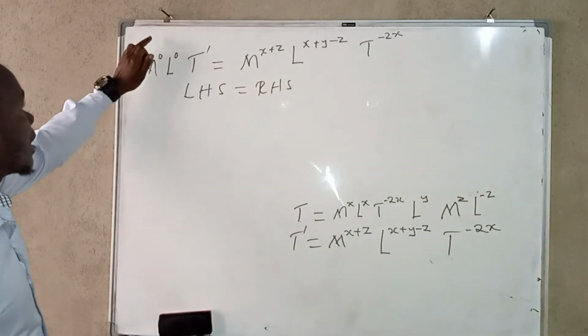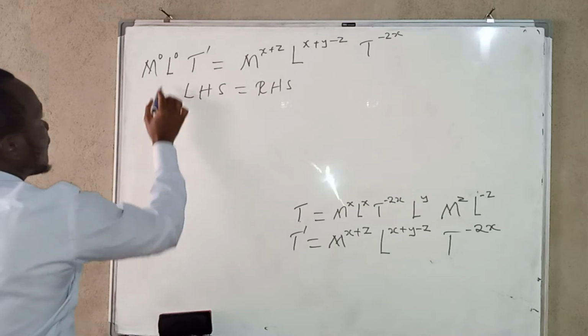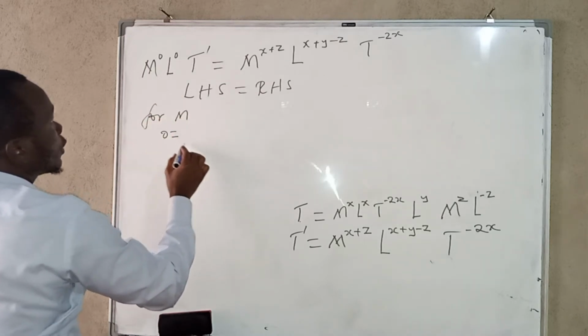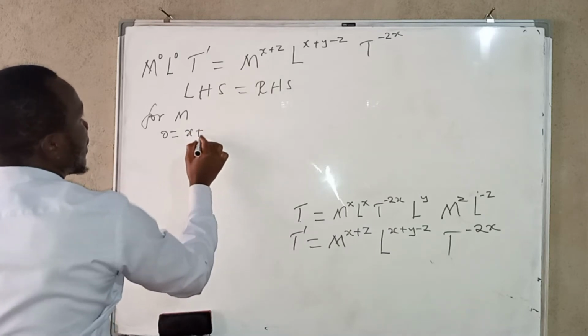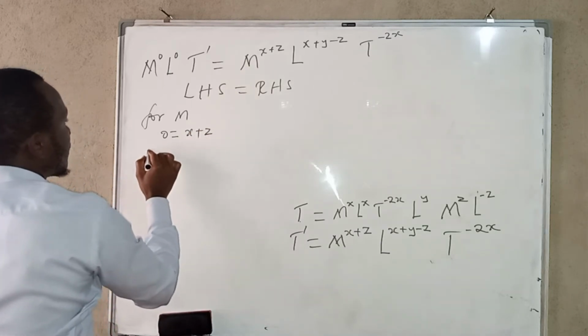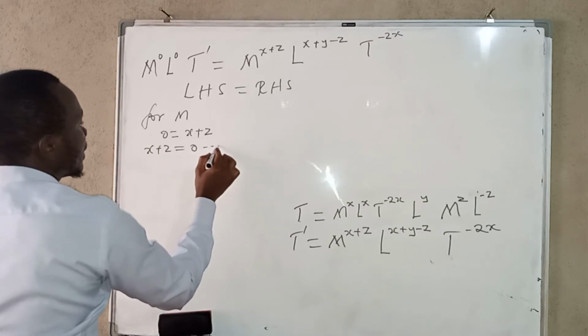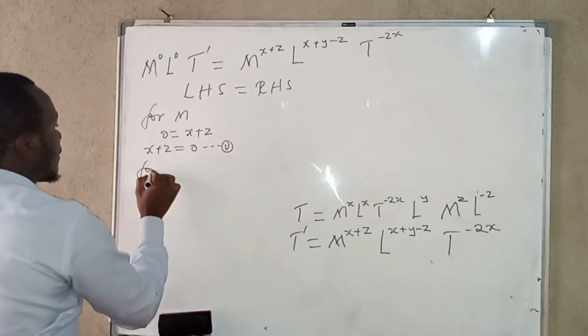So for the powers, we have 0 for M, we have 0 is equal to X plus Z. So X plus Z is equal to 0. Let us call this equation 1.